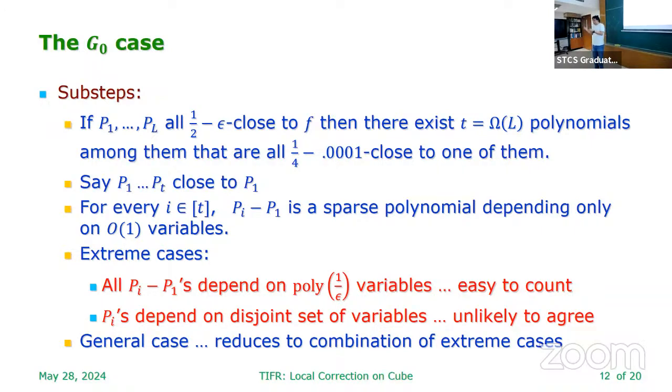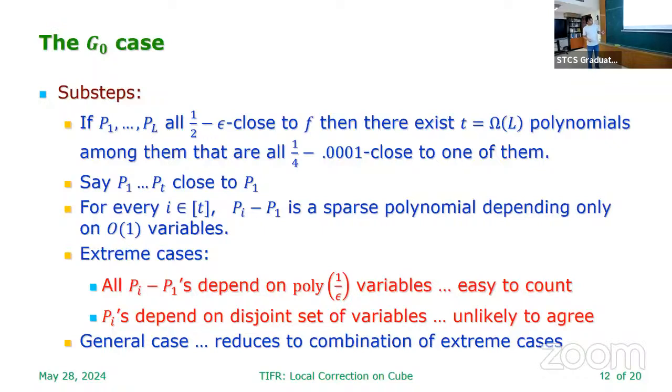But there are some polynomials that can all be pairwise reasonably close. But the number of such polynomials is some absolute constant. So the number of polynomials that can agree with each other in 3/4 plus little o of 1 places, or disagree from each other in that many places, is some constant depending on this 0.0001 or something.